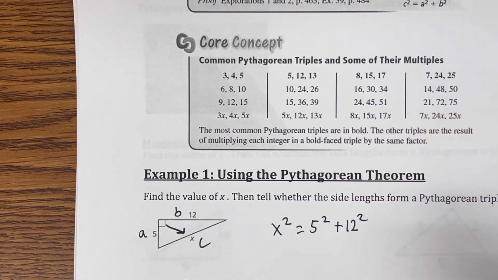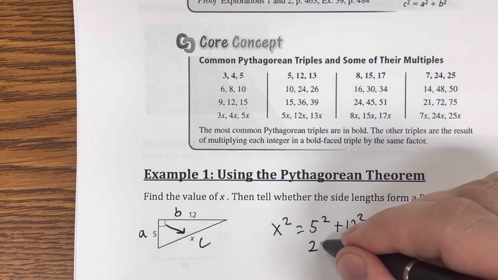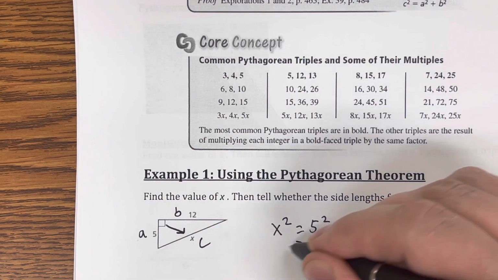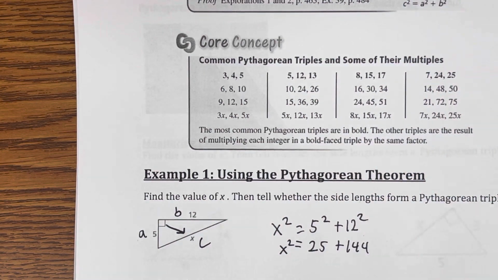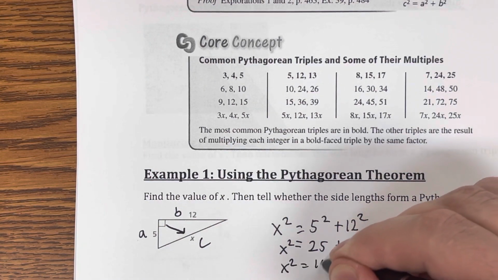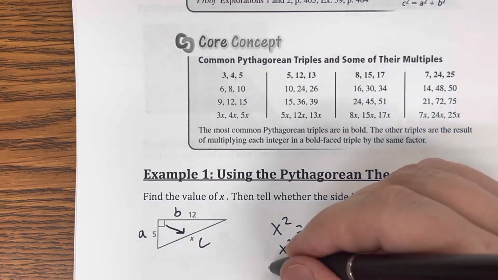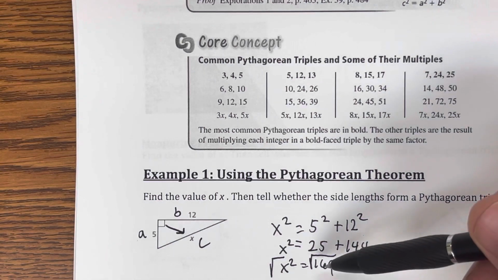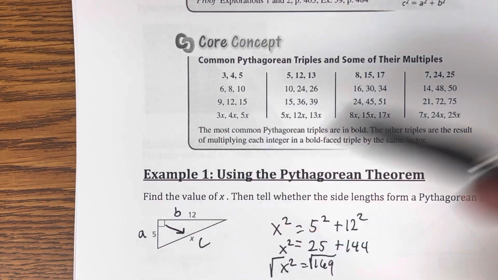squared. Now for me to solve, 5 squared is 25 plus 12 squared is 144 equals x squared. And 25 plus 144 is 169. And then I need to take the square root of both sides. Now technically I'd have both the positive and the negative for the Pythagorean theorem. I really only need the positive because I'm never going to have a negative length.